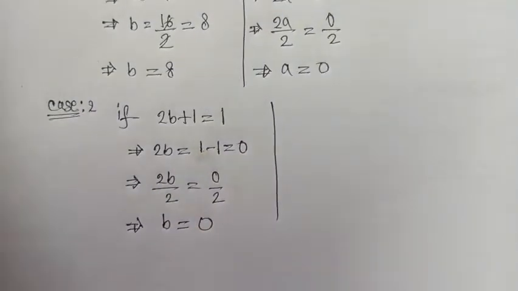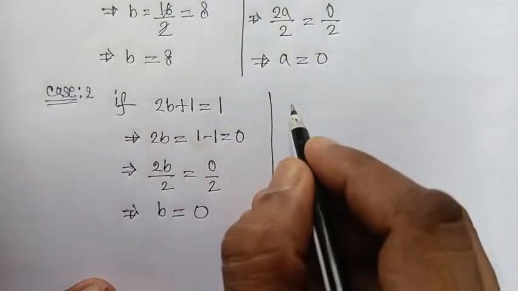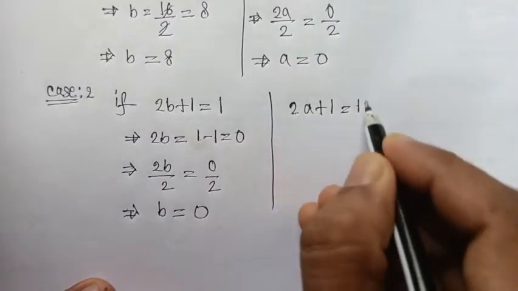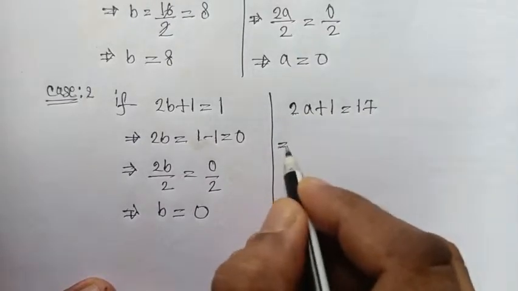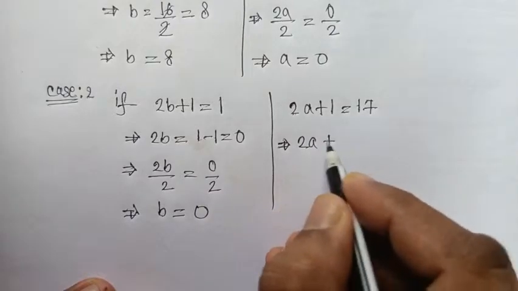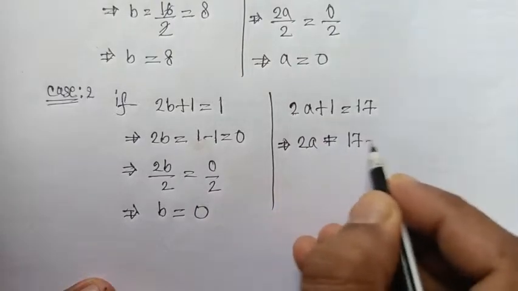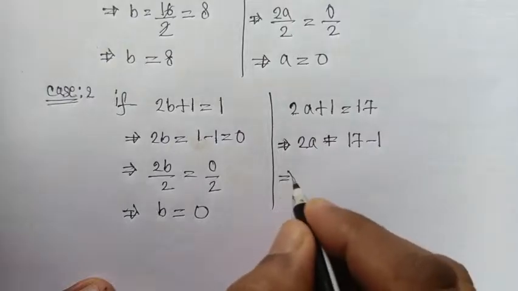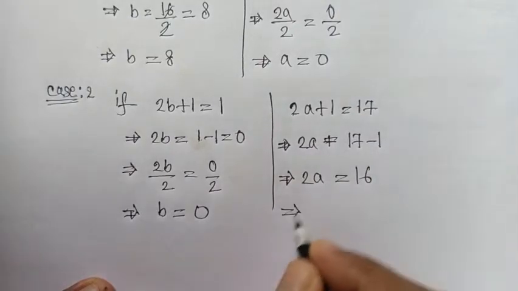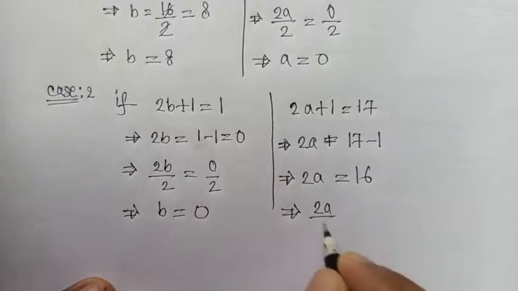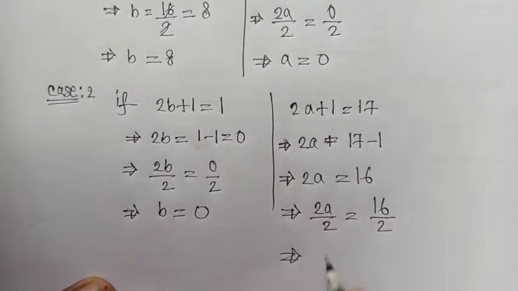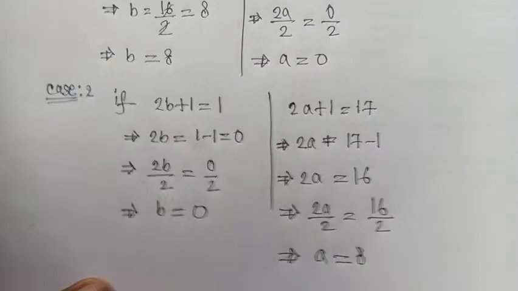Again, that 2a plus 1 equals to 17, and 2a equals to 17 minus 1, and 2a is equal to 16, and if we divide by 2 both sides, we get a is equal to 8.